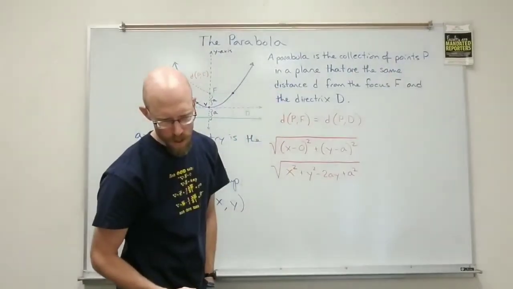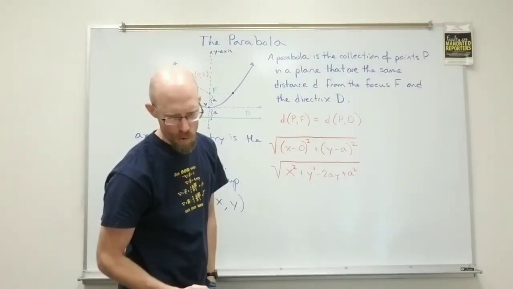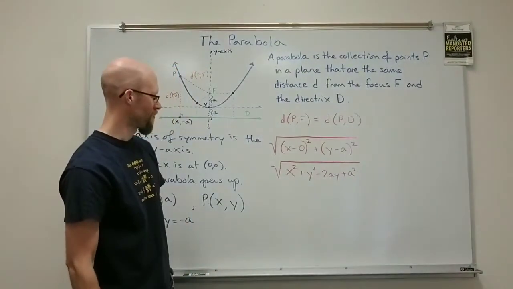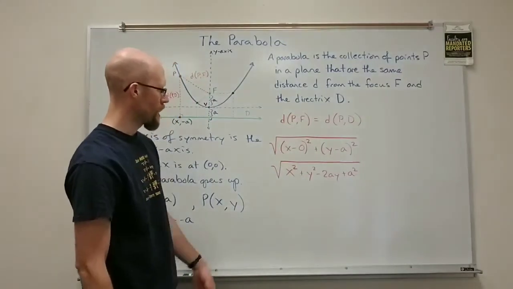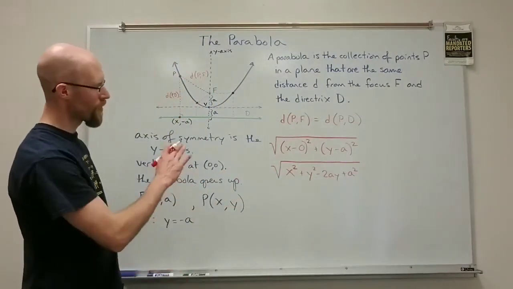However, that's really not useful. Oh, yes, it is. That is useful. We'll leave it that way. It doesn't simplify. I can't go any further than that, but we'll leave it there for now.